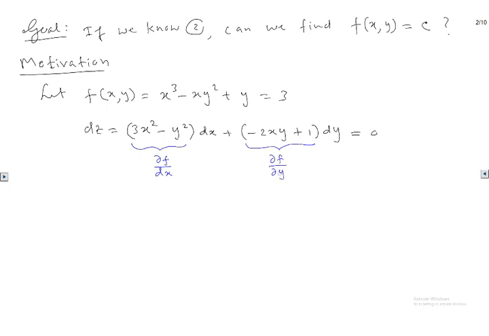Good. So now the question is, if you know this, if you know star, can we find the function back? Okay, so you can see that what you did, you didn't do much. You took the partial derivatives and wrote this star equation.